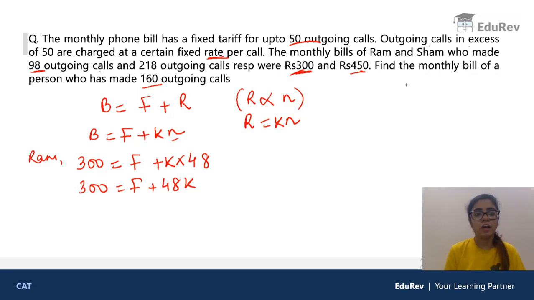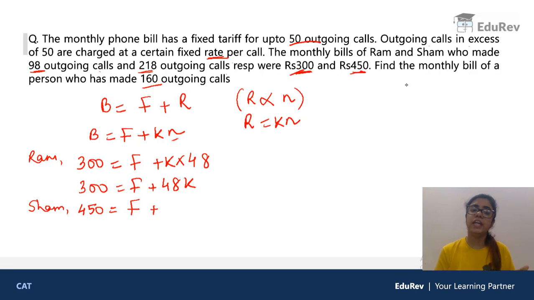Now if you talk about the other fellow Shyam, the total bill he had to pay was 450 rupees. So he had to pay some fixed money plus, look, he made 218 calls.